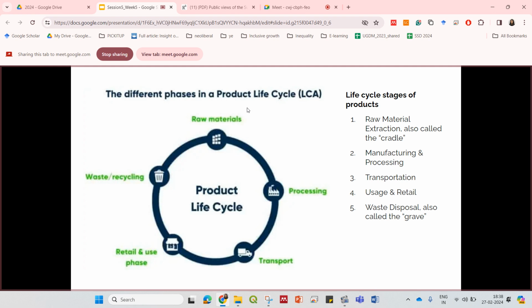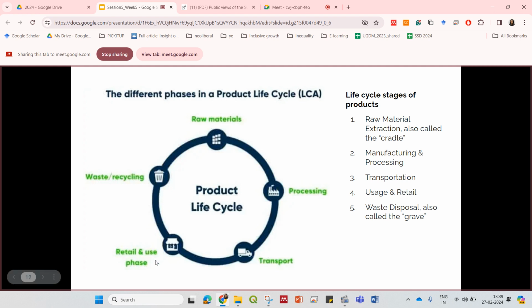So basically it starts with extraction of the raw materials, which then further go for processing. So manufacturing of the product from the raw material takes place at this stage, and then after the product is manufactured, it goes on to the transportation stage, where the product is distributed to either retail stores or sometimes to the end user also.